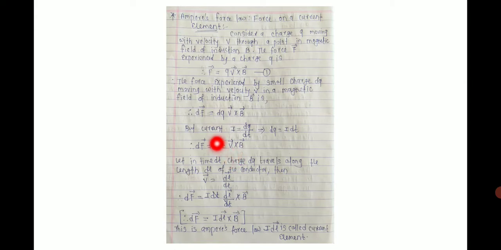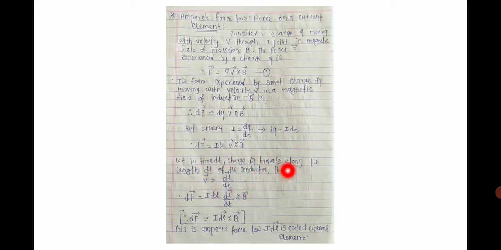Now v is the velocity. We know that the definition of velocity is the rate of change of displacement with respect to time. That means, in time dt, the charge dq travels along the length dl of the conductor. Then v is equal to dl by dt.